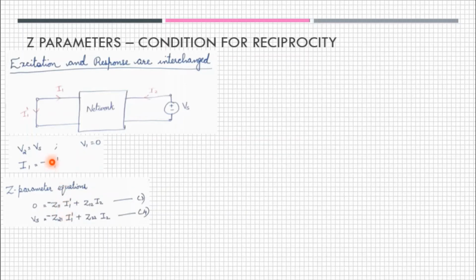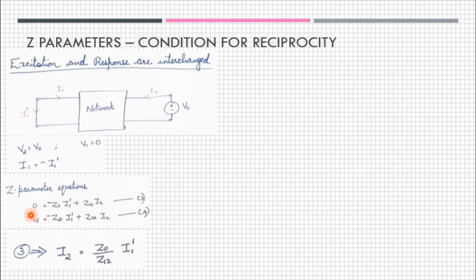I1 is minus I1 dash. So it is minus Z11 into I1 dash plus Z12 I2. Then the second Z parameter equation is V2 is equal to, here V2 is Vs. V2 is equal to Z21 into I1. I1 is minus I1 dash. So the term like this. Plus Z22 into I2.